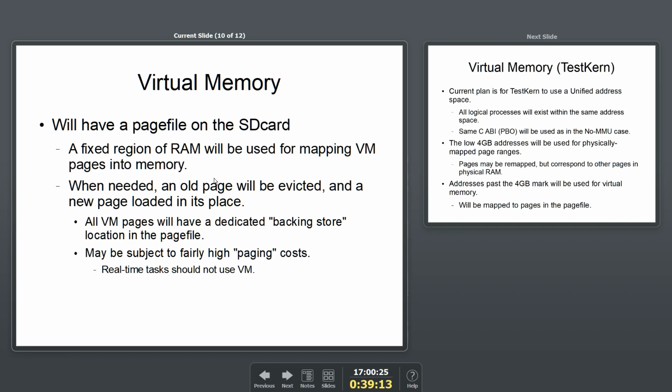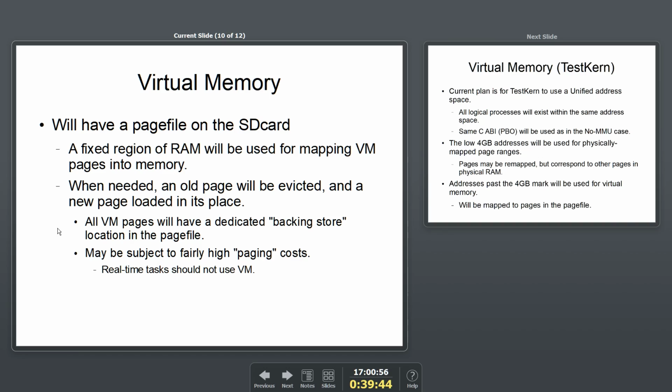So whenever needed, an old page will be evicted from RAM, and then a new page will be loaded into the same physical page. So it will effectively be recycled as if it were different parts of the page file, with all the associated page table wrangling and TLB flushing that will be necessary to make something like this work.